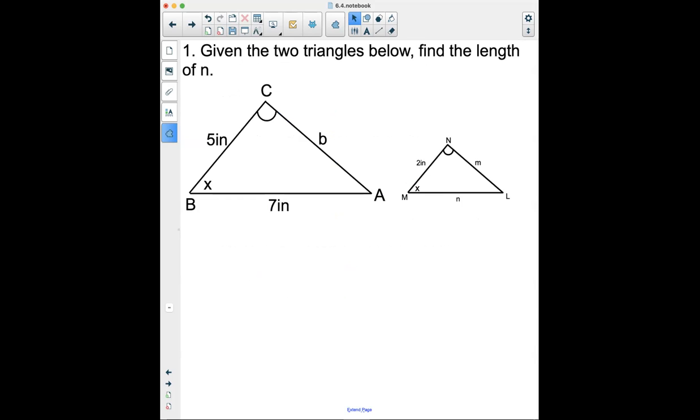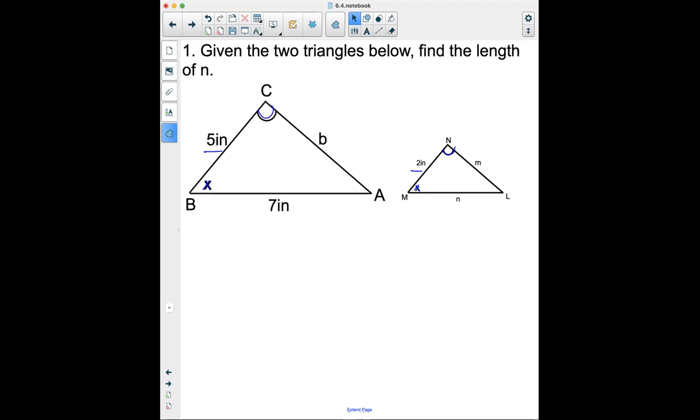Here we have two triangles and we're looking for the length of n. Note we have similar angles, and we have two known side lengths. We know these triangles are similar because two of the corresponding angles are congruent.